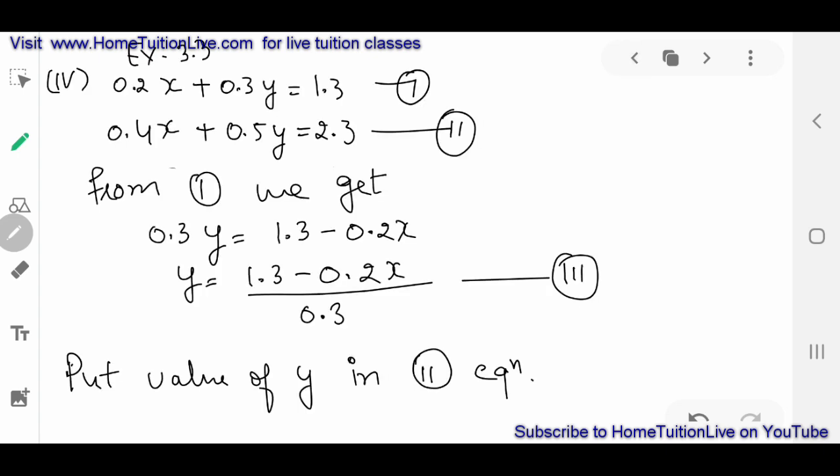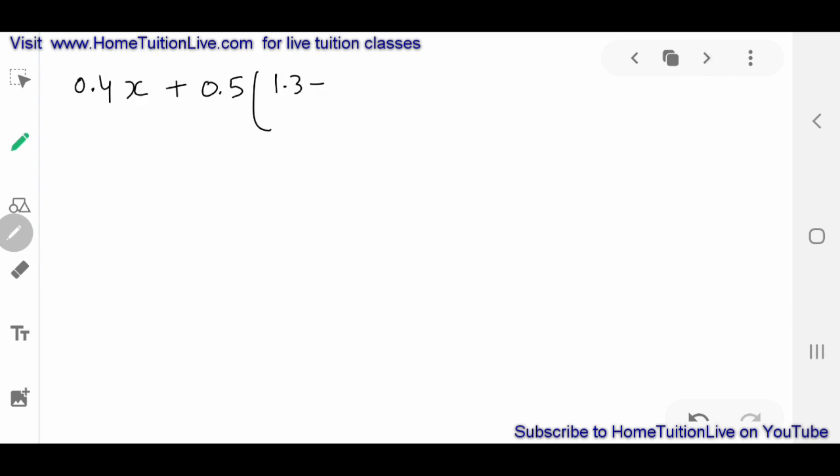The second equation is 0.4x plus 0.5 into this y here, (1.3 minus 0.2x) divided by 0.3 equals to 2.3. Now we will solve the equation.